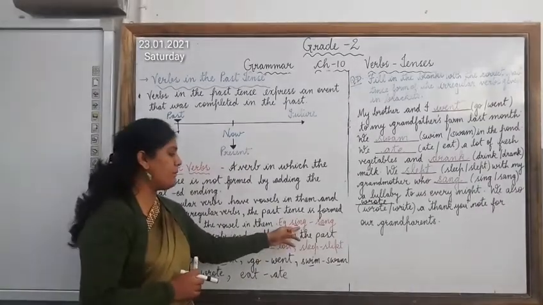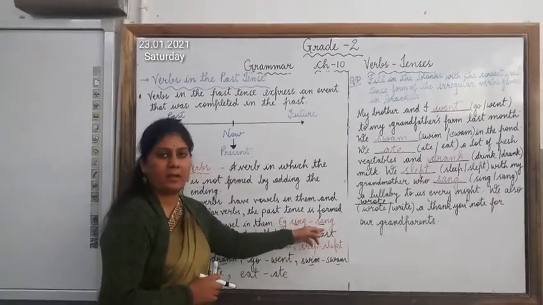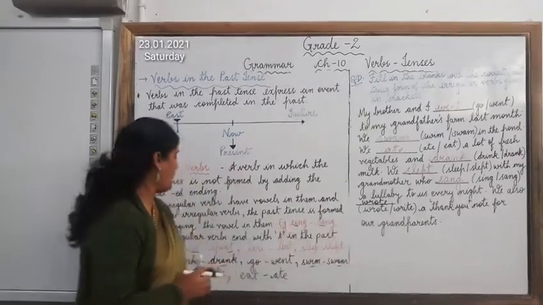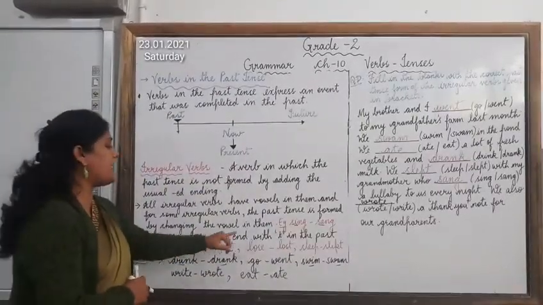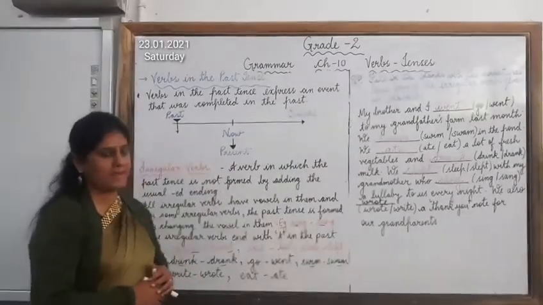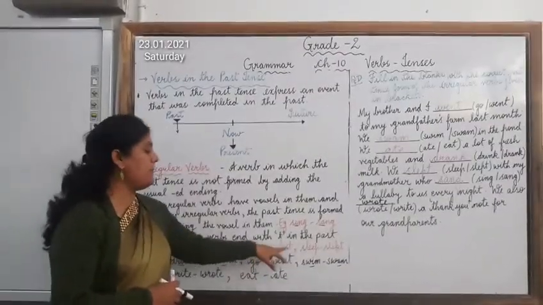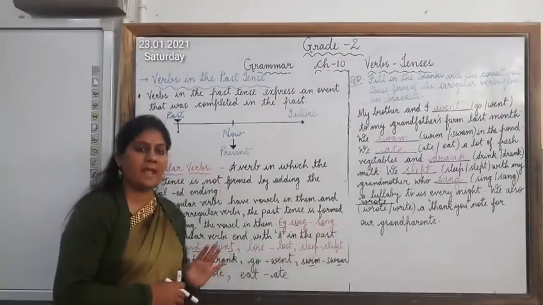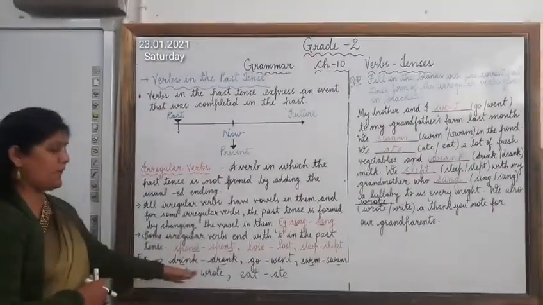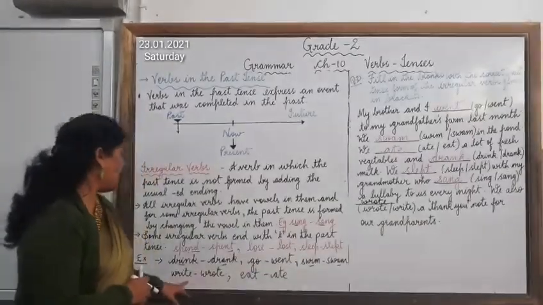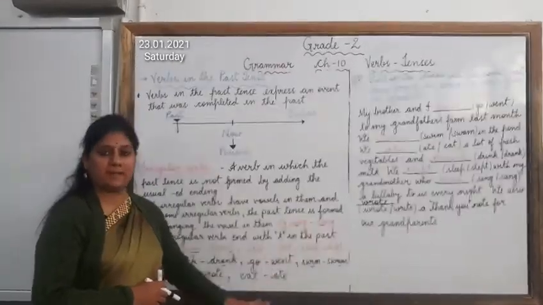Here you can see sing has become sang. Here the vowel has changed I to a. Some irregular verbs end with t in the past tense. Spend will become spent, lose will become lost, sleep will become slept. Few examples I have written here: drink, drank, go, went, swim, swam, write, wrote, eat, ate.